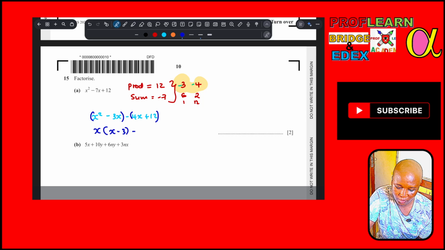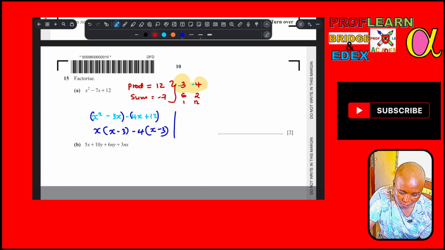We factor 4 there, we shall have minus 4. So if we factor that out, we are going to have x and (x minus 3).